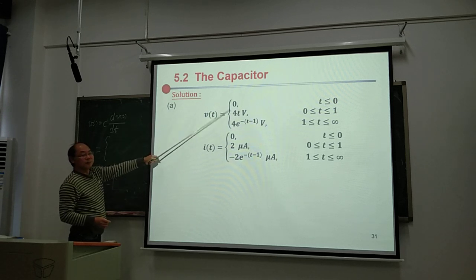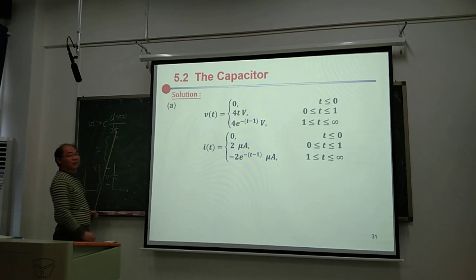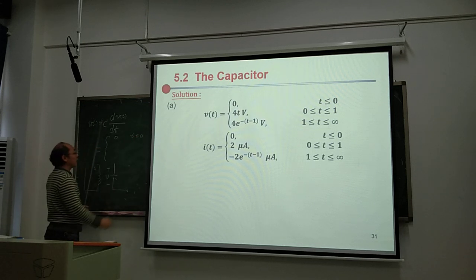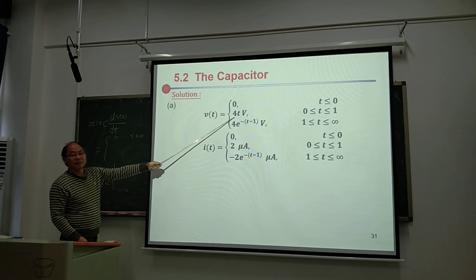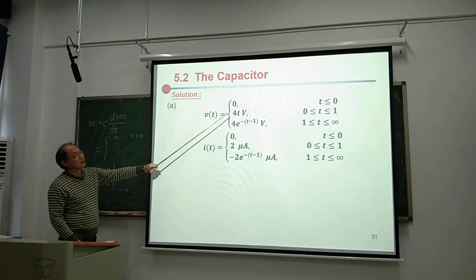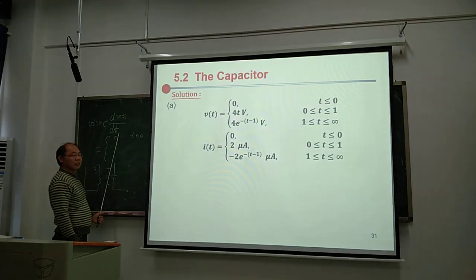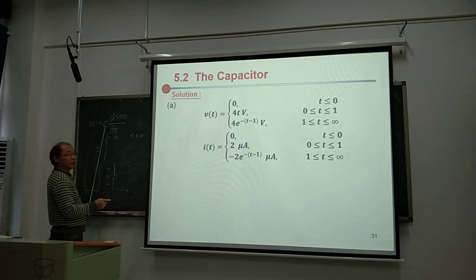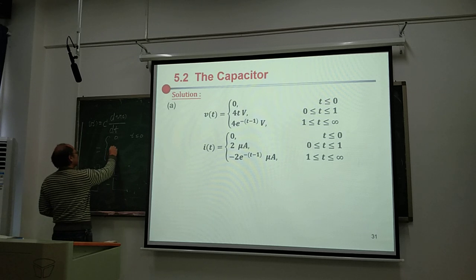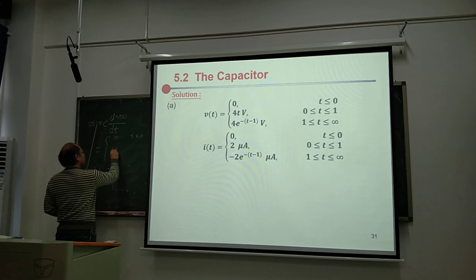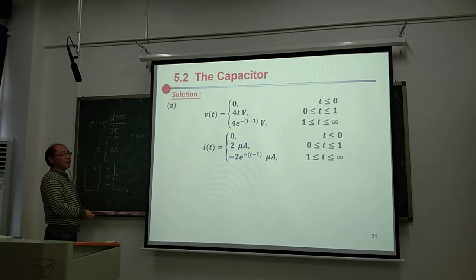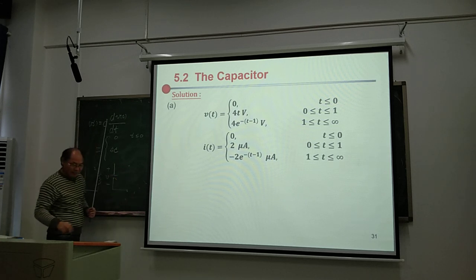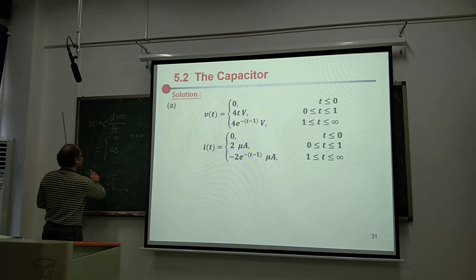The first is 0, right? And this part, the differential is 4. So this means 4 times 10 to the 6. And C is 0.5.